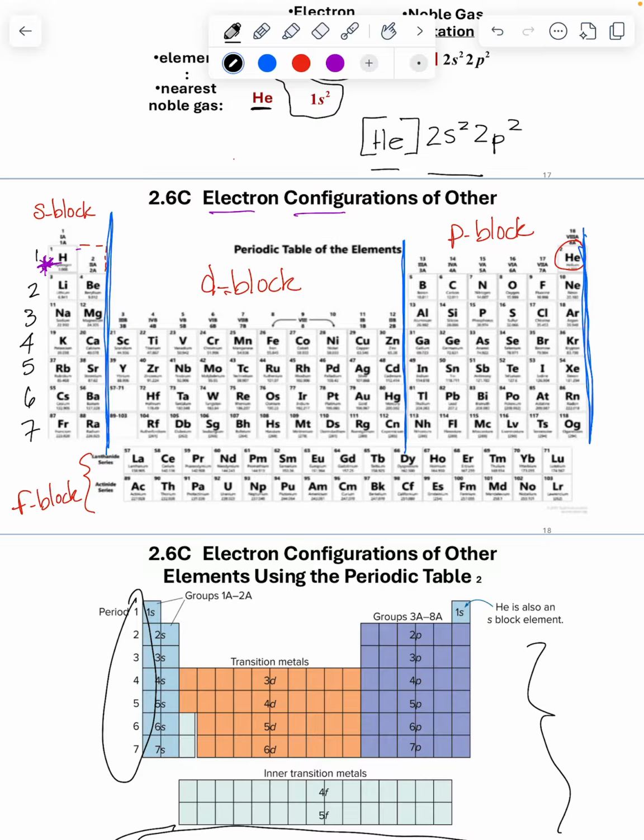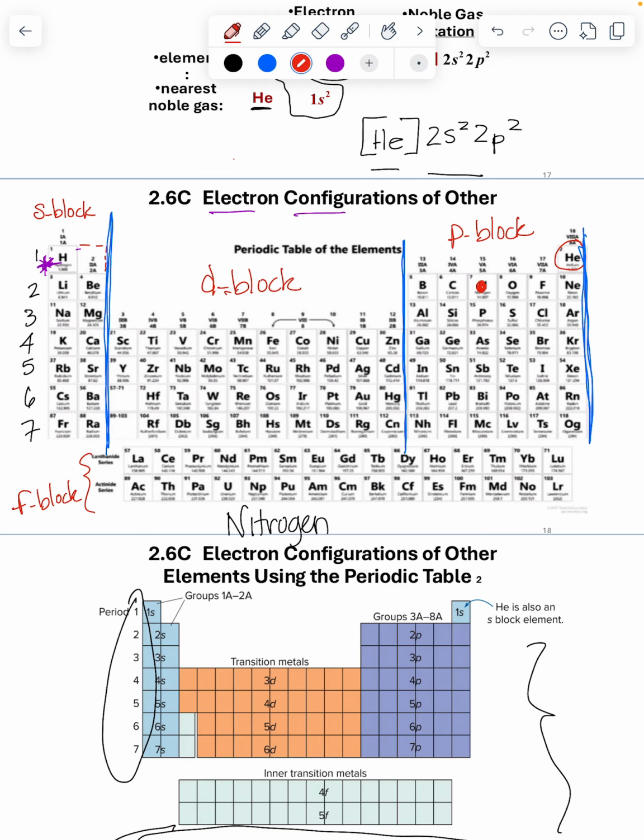So let's say we want to write the electron configuration for nitrogen. So if we find the element nitrogen on the periodic table, and if you want to maybe just mark that with a pencil, I'll just put a little red dot on my periodic table. There's nitrogen. And so we want to write the correct electron configuration for nitrogen.